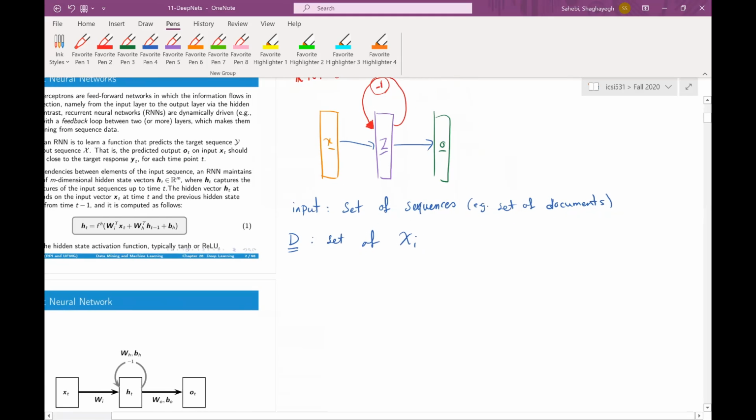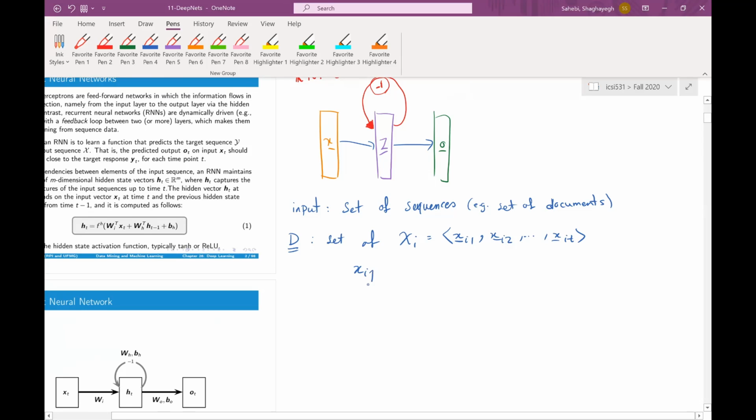How does xi look like? Xi is like this: vector of xi1, vector of xi2, until vector of xiT. What do xi1, xi2, and xiT mean?